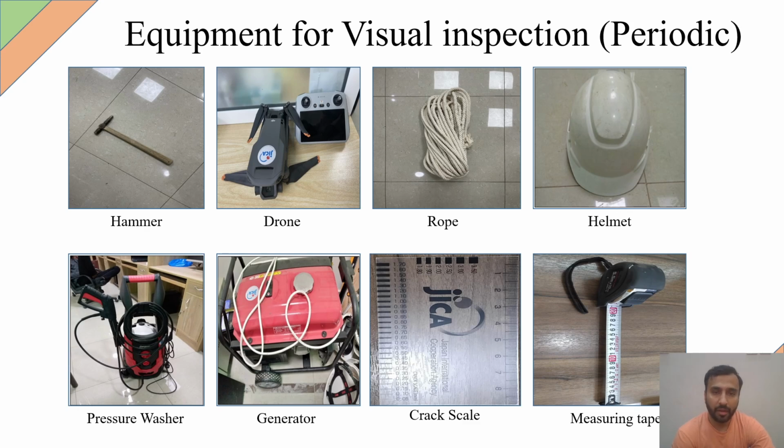So the hammer, like I said earlier, drone cameras, rope for safety, helmet for safety, generator and a pressure washer would be required to clean the bridges to get an idea of the crack width and the condition of the surface of the bridges, where if the debris or the dirt is too much you cannot estimate or understand the real position. So sometimes you may require the surface to be cleaned before having such a record and observation.